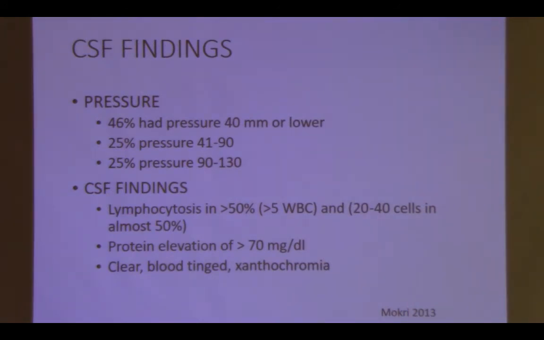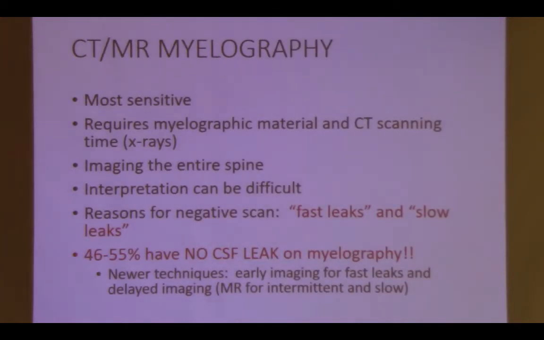Sometimes the pressure is low in this situation, but a quarter of people had normal pressure between 90 and 130. Sometimes their spinal fluid showed white cells or protein elevation, but sometimes the spinal fluid is normal. We don't usually do a lumbar puncture in this situation. What we do, however, is this myelography, where I told you we put the dye in and then we look for the leak.